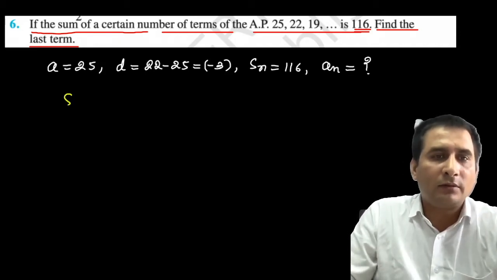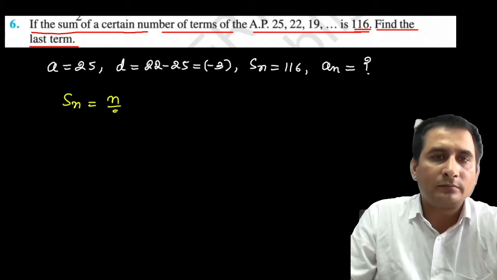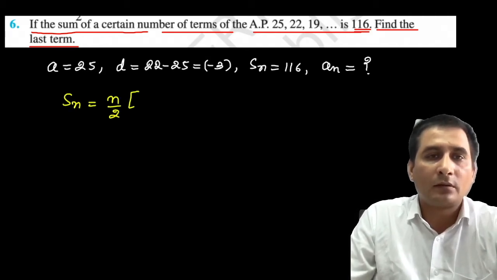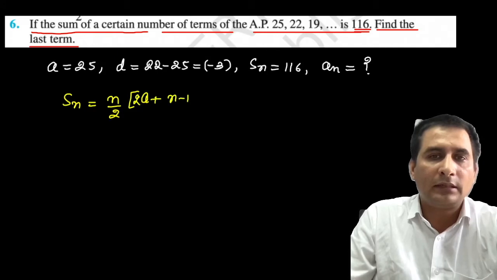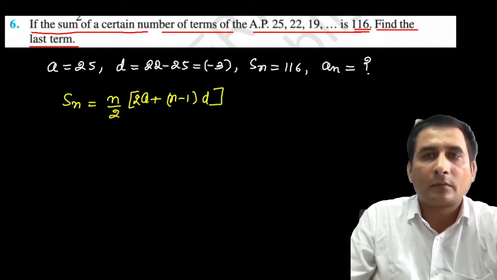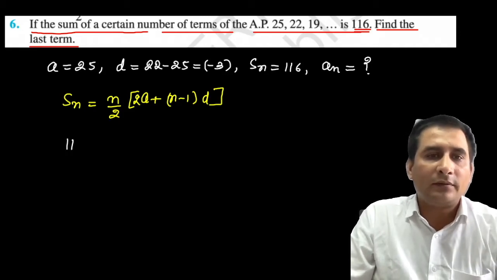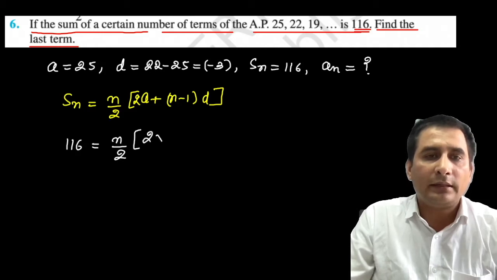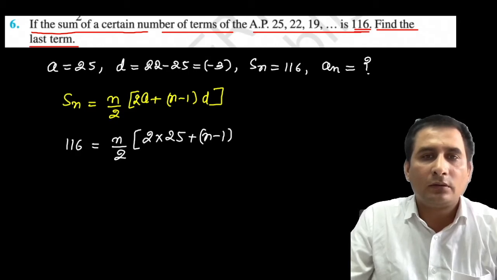So let us use the formula Sn is equal to n by 2 into 2a plus n minus 1 into d. Sn is given 116, n we do not know, a is 25, and d is minus 3.